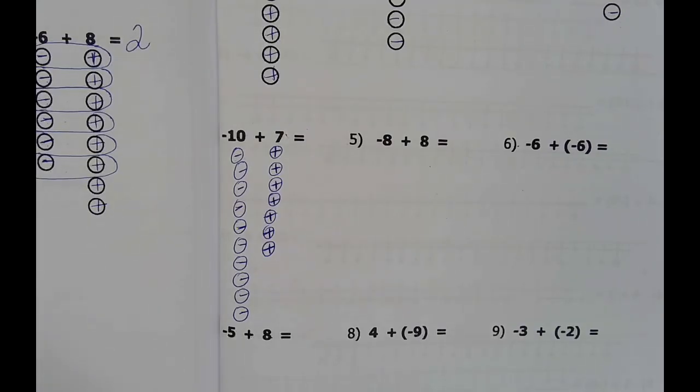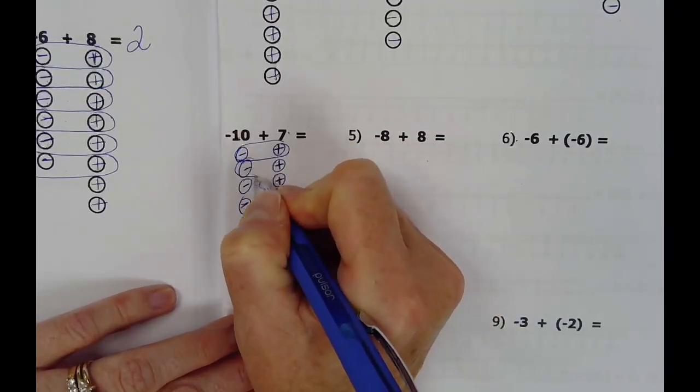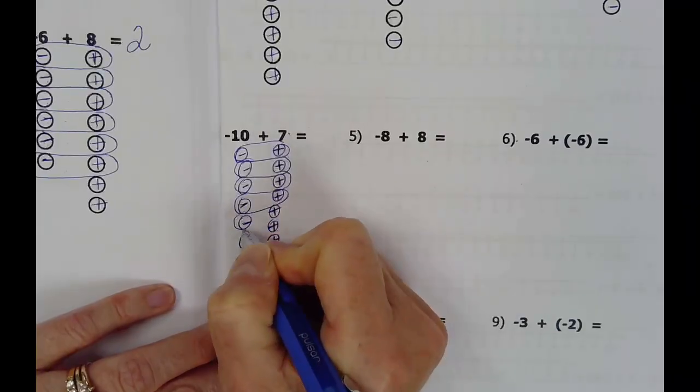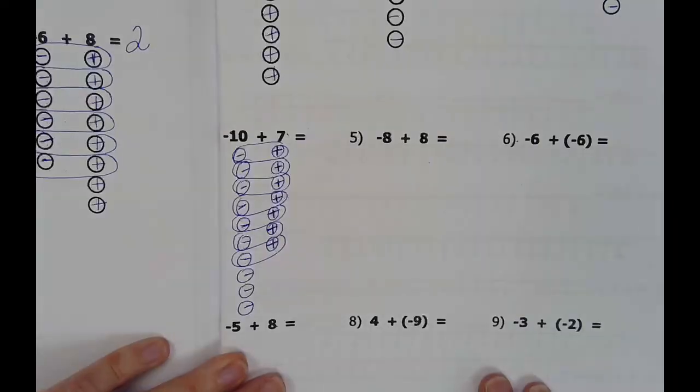How many zero pairs do you think I'm going to be able to make in this model? Connor, any idea? How many zero pairs am I going to be able to make in this model? 7 of them. So as I circle, 1, 2, 3, 4, 5, 6, 7.